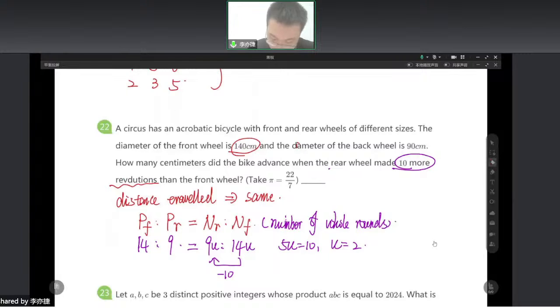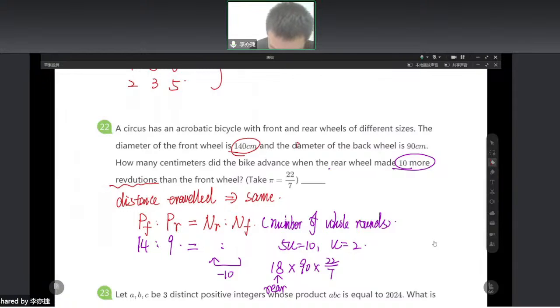So the rear rotates for 18 rounds, and then we just multiply by the circumference of this wheel, which is 90 times 22/7. Sorry, this is the front wheel. I put it wrong.